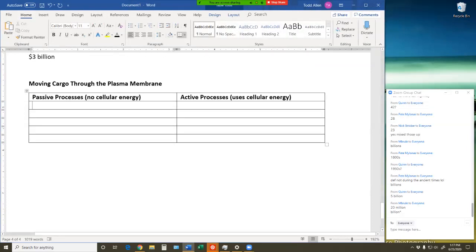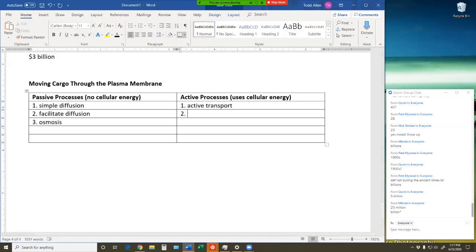And let's list out a few things first, okay? Under passive processes, we have things like simple diffusion. We have facilitated diffusion. And we have osmosis, and we're going to have to talk about these things. Under active processes, we have active transport.